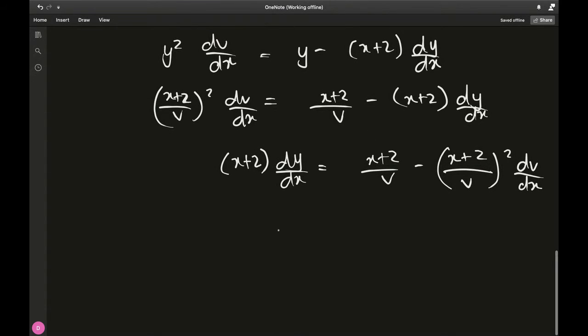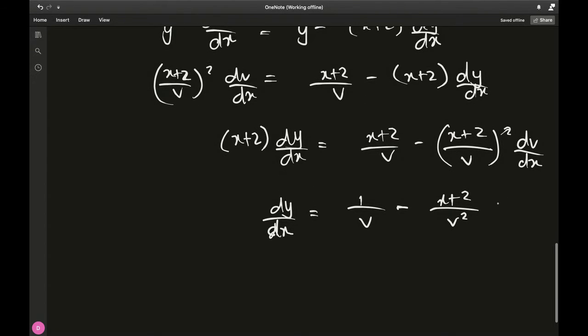So finally, dy over dx, now dividing both sides by x plus 2, is 1 over v minus, one of these will go, x plus 2 over v squared, dv over dx. So I want to substitute instead of dy over dx this expression over here.